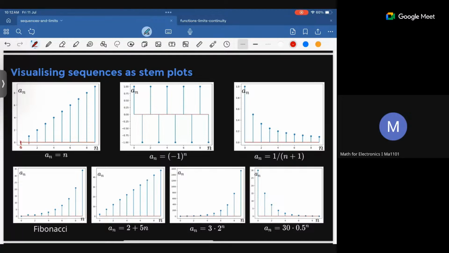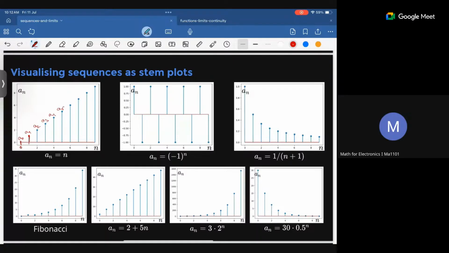What these stems mean is, at each point like 0, 1, 2, 3, I will plot a stem, like a straight line, and the height of that straight line is equal to the value of that particular term. So this is a0, this is a1, this is a2, this is a3, a4, a5.